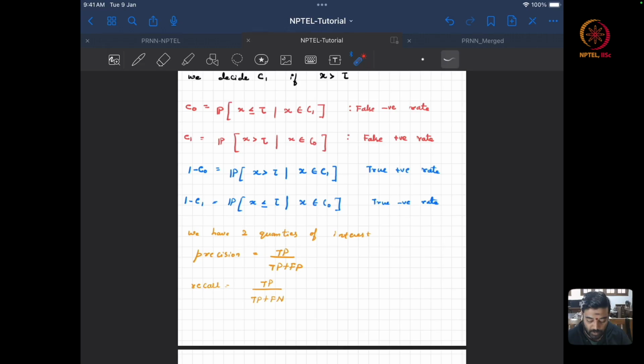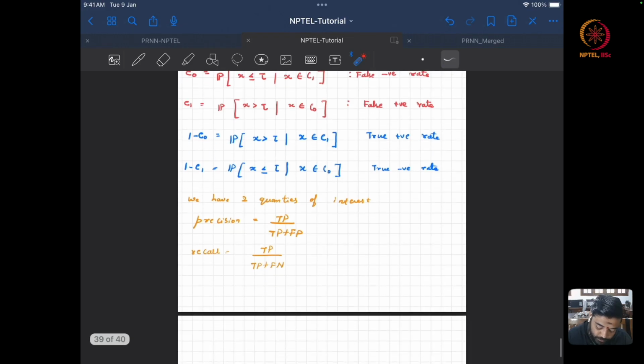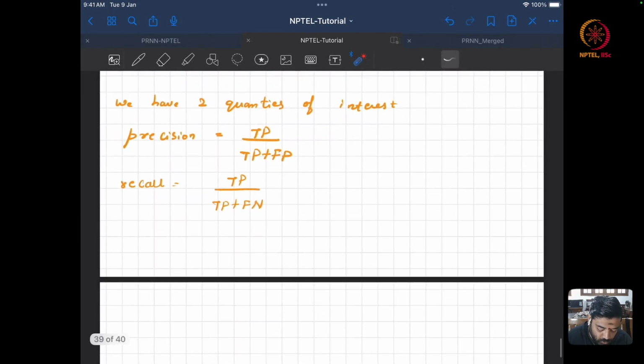These are two quantities that we always look into whenever we are looking into the problem of binary classification. And sometimes we take the harmonic mean of these and call it an F1 score. That is an outcome of these two quantities, so we will not look into it. Now you will be capable enough of looking at this.